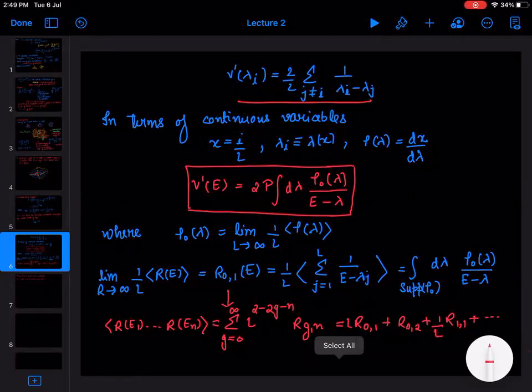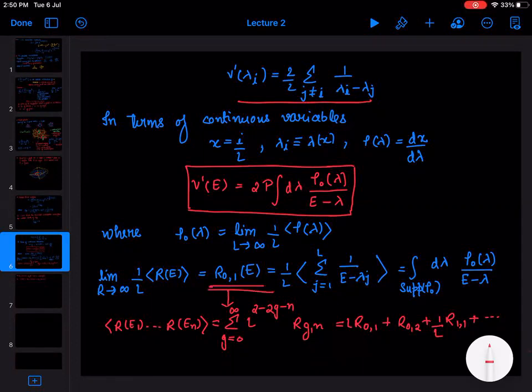And then we went back to this function, the resolvent, which we defined earlier. Since we are doing a saddle point analysis, we are just focusing on the leading order. So this is the leading order piece, R0,1.